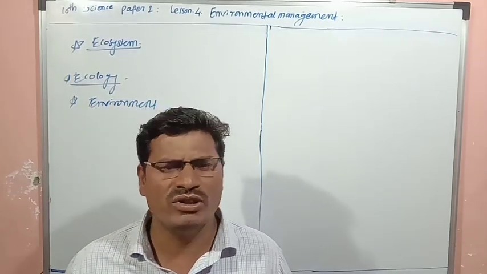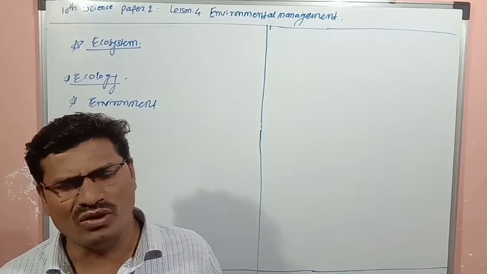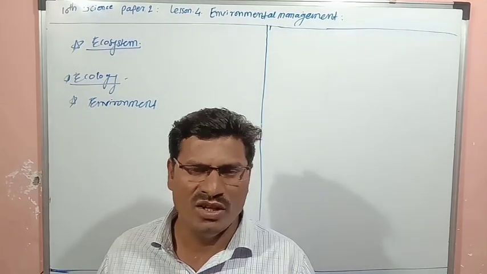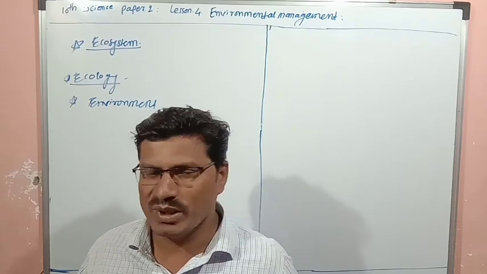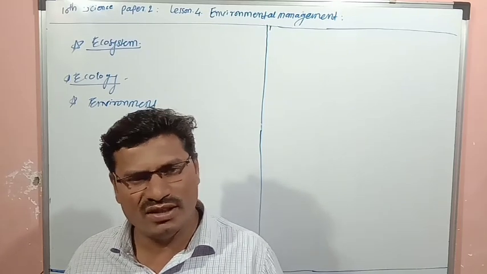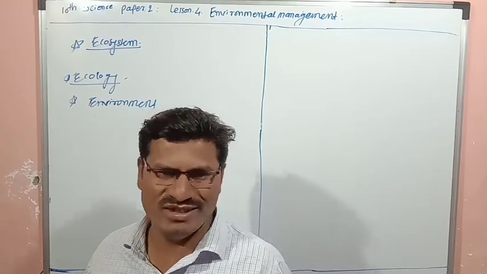And the seventh point is that ecosystem consists of different things. It consists of different food chains.